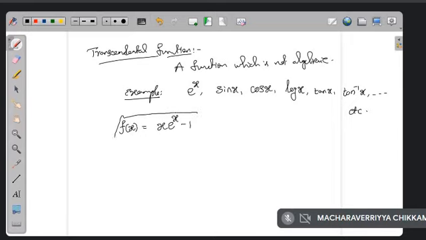This is the function you have. Now you're asked to find the root of f of x. If you observe this f of x, it involves a transcendental function, e power x.